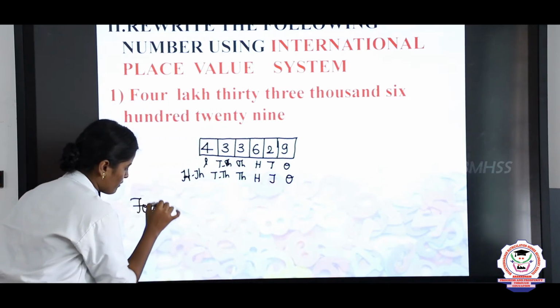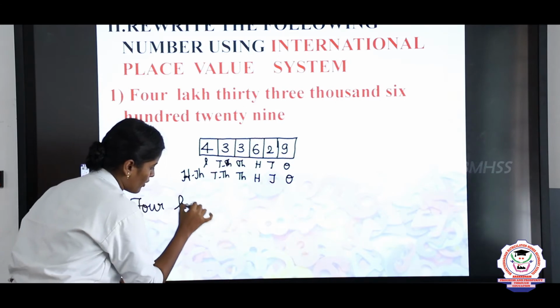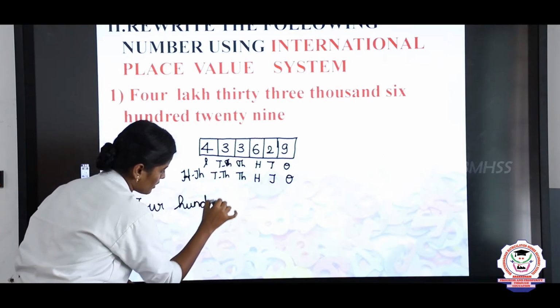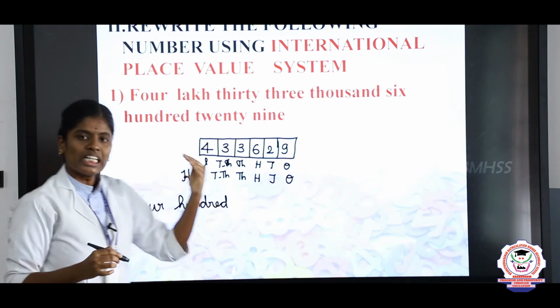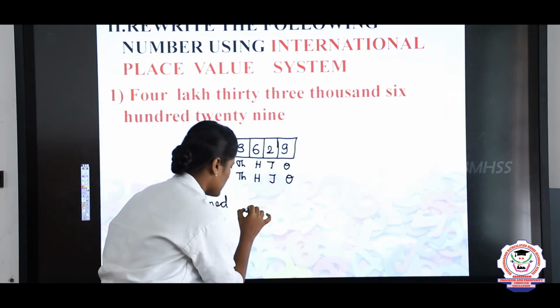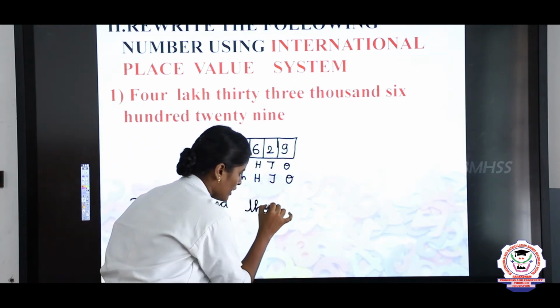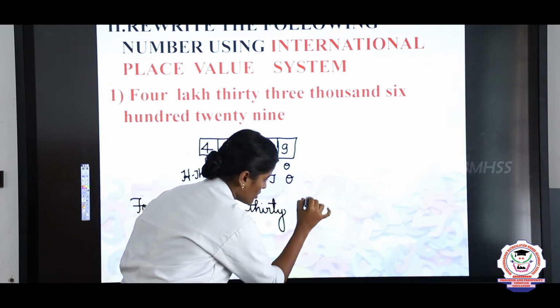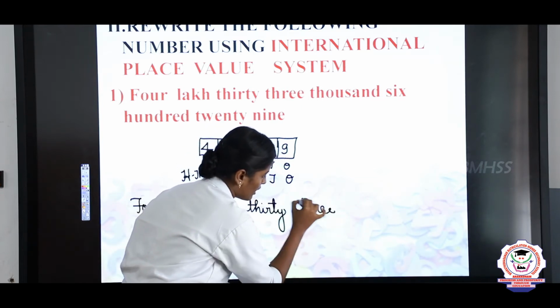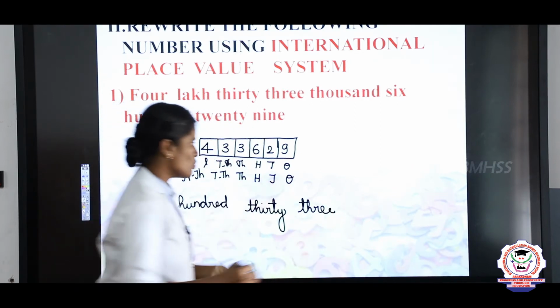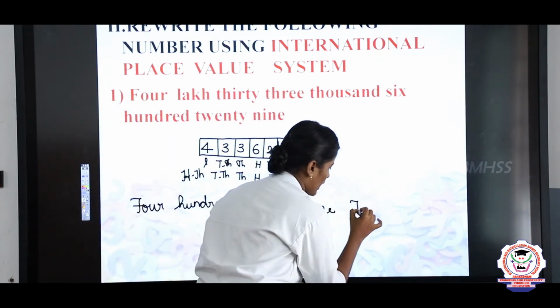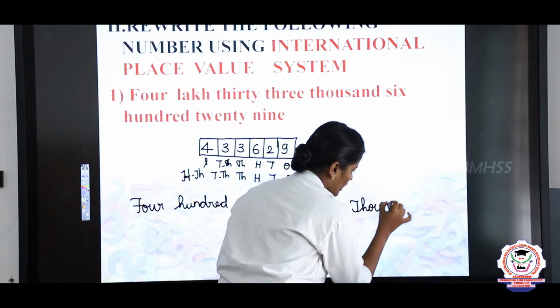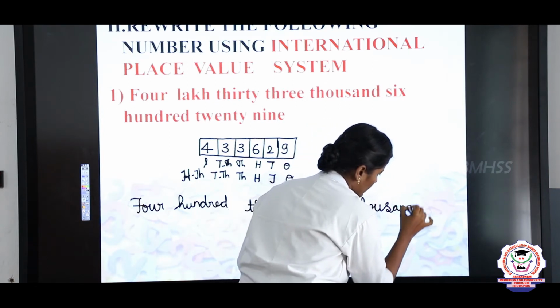433,000: 30 is THIRTY, 3 is THREE, so 433,000, THOUSAND.